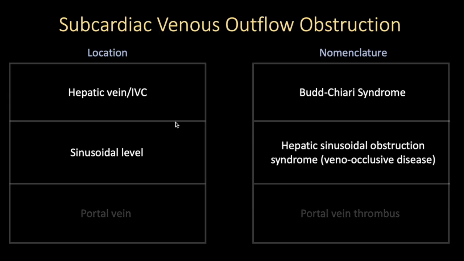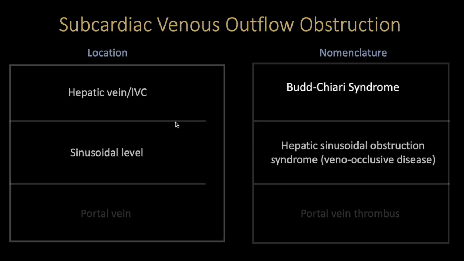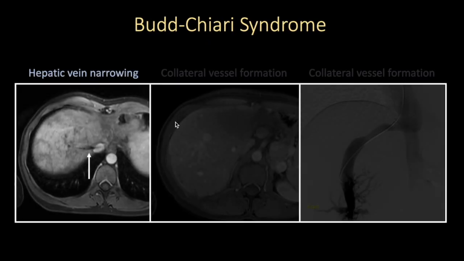So let's look at the first two, Budd-Chiari syndrome and hepatic sinusoidal obstruction syndrome. In Budd-Chiari, again, it's the level of the IVC or the hepatic veins that are narrowed. Here's a very narrowed hepatic vein. You can see this flow void within it, indicating very high flow.